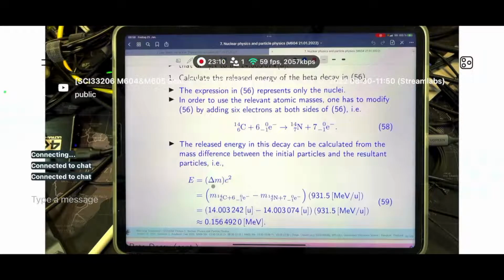You can also substitute the mass in the SI system, but it's not recommended because it's too complicated. You just use the atomic mass unit scale. It's easier, and you just use the 931.5, which is the result from the conversion.